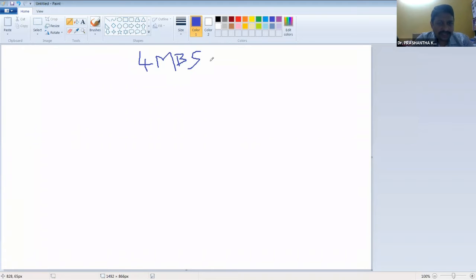Now 4MBS is nothing but our human CCR5. In this 4MBS, we have two components present within this. One is the atom section, that is the protein section, let's say protein, I will write it like PROT. Then we have the ligand which is bound to it, that is the MRV, the Maravirok, right?